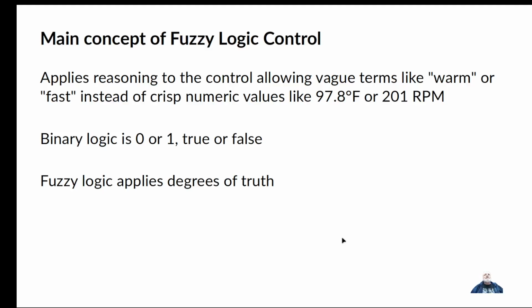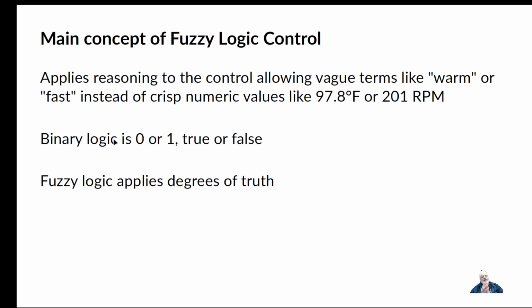Alright, so the main concept of fuzzy logic control is that we can apply what they call reasoning or vague terms or fuzzy terms. So instead of saying something like, oh, I have a nice crisp value of, say, 97.8 degrees Fahrenheit, we can use terms like warm or cool or hot. Okay, so binary logic, which we've dealt with before, is either a 0 or 1, on or off, true or false.